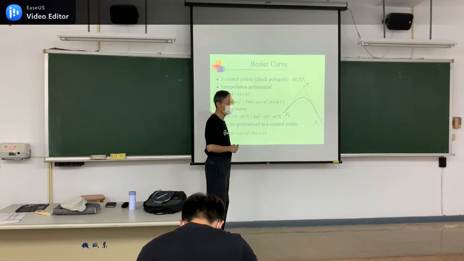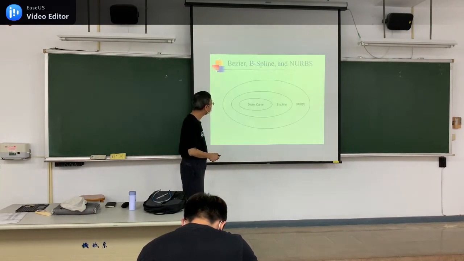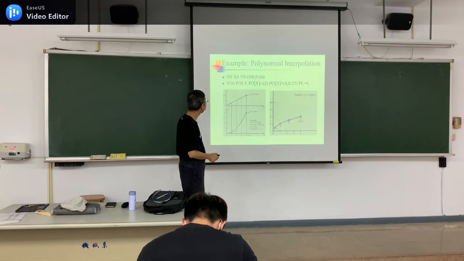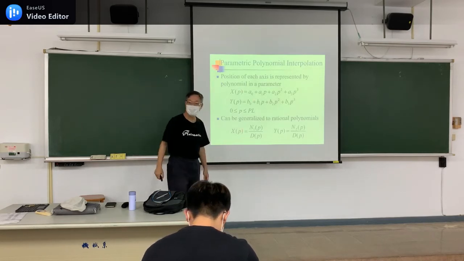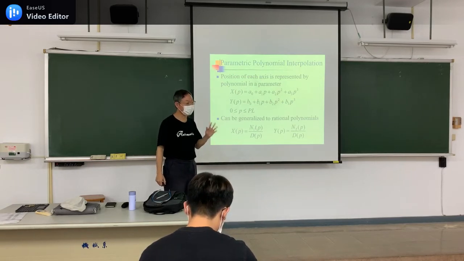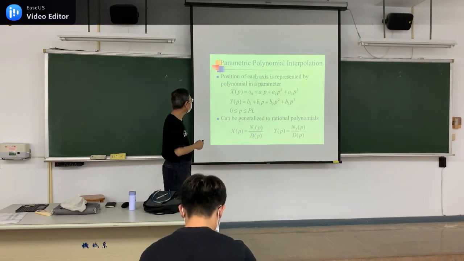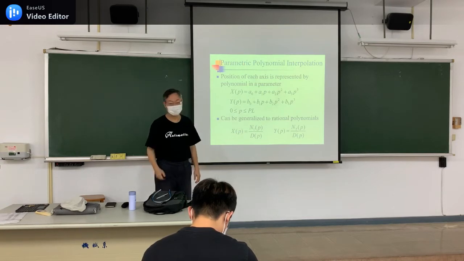When U is 1, it will be here. In between, it will form a curve. So it's parametric. You can consider this as a parametric polynomial. Bezier can be considered as one type of parametric polynomial function.